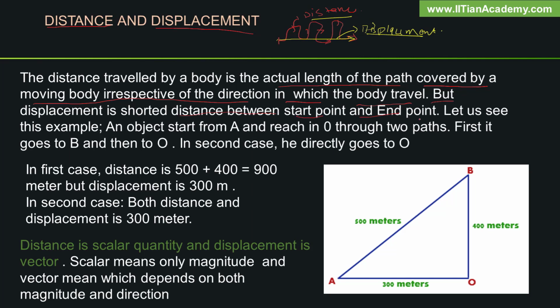Let us see this example. An object starts from A and reaches O through two paths.